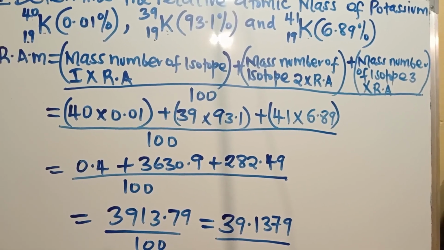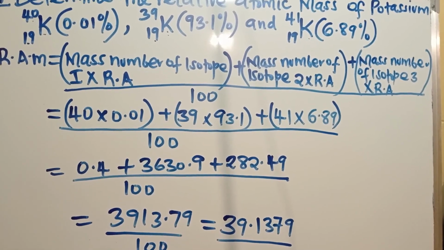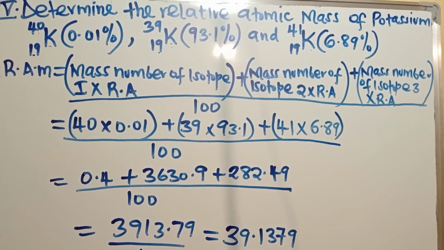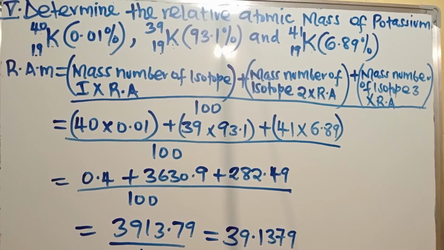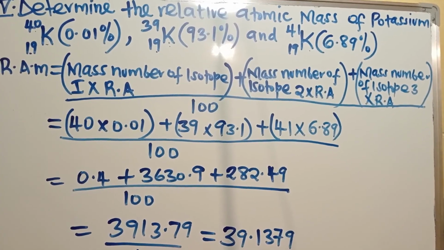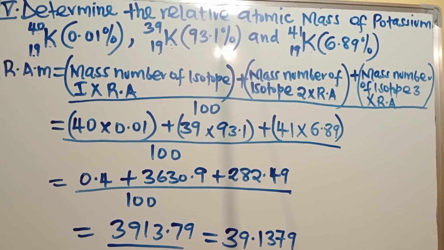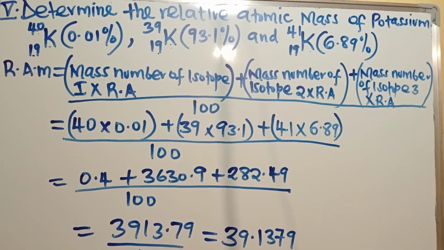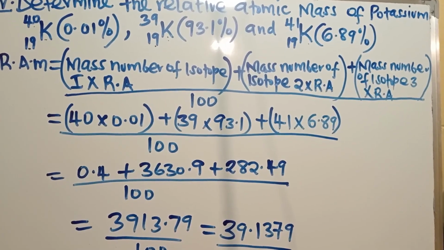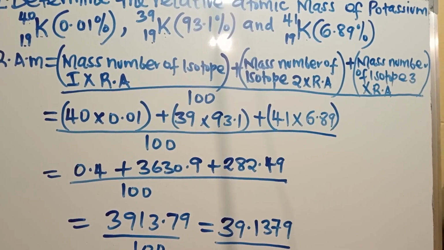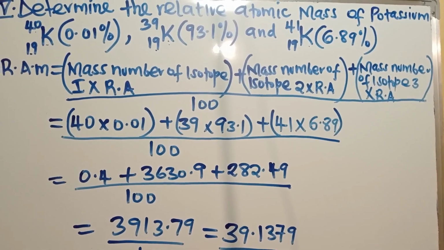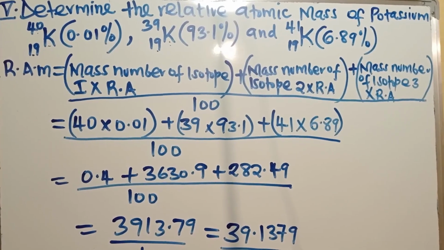So you check on the relative atomic mass that you have got as the answer. Then you go to the relative abundances in the question. You see the biggest number there is 93.1, and then you check the mass number for that isotope, that is 39. So meaning when you round off the relative atomic mass that you have got in the answer to the nearest whole number, you are supposed to get 39.